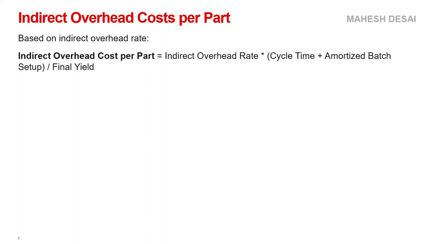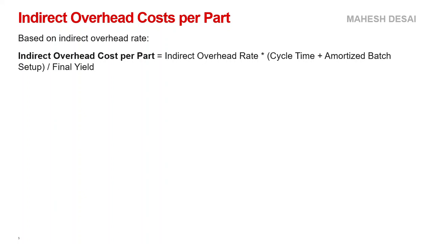Amortized batch setup is like, whenever there is a machine downtime, it means whenever there is a change in batch or when the factory runs in multiple batches.